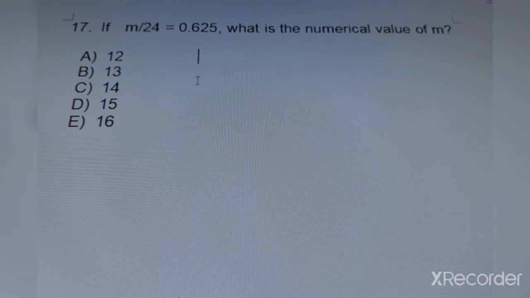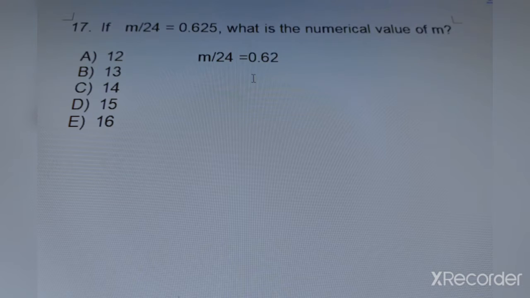Number 17, if m over 24 equals 0.625, what is the numerical value of m? A 12, B 13, C 14, D 15, E 16. Okay, we'll write m over 24 equals 0.625.